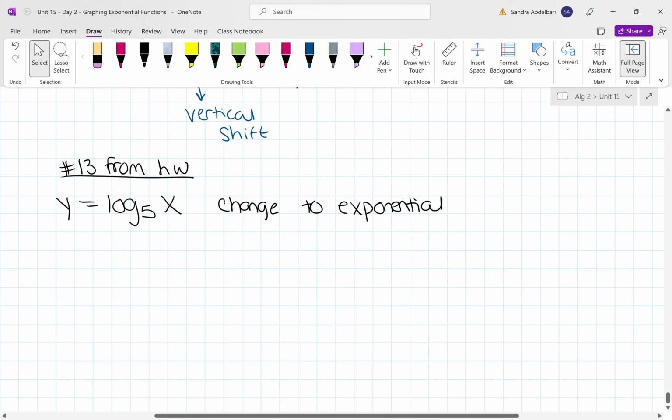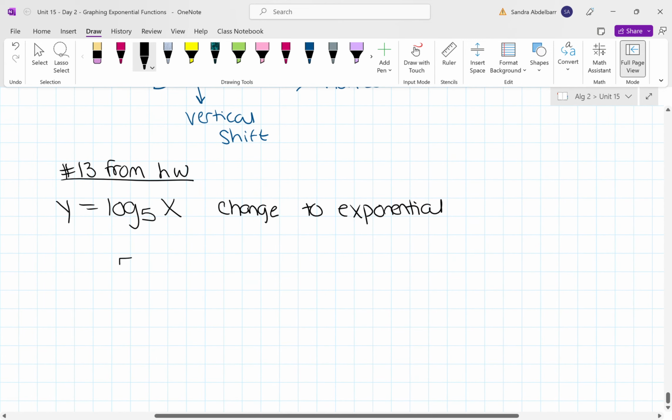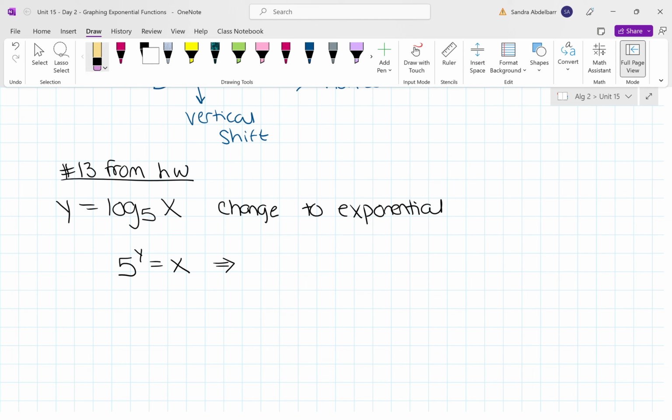When we change it to an exponential, we are going to have 5 to the y equals x. This is an inverse. How do I know it's an inverse? Because it's x equals something. Good. We know it's an inverse because we've switched x and y.